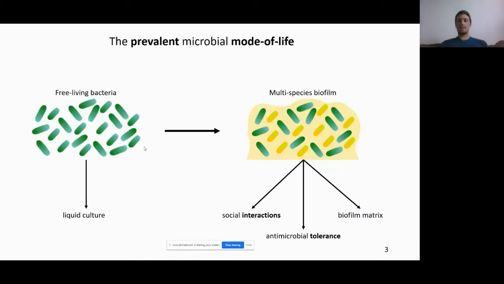But such conditions entice a completely different phenotype from the microorganisms than we usually expect them to have in nature. In nature we expect them to be usually in tightly packed, heterogeneous and organized communities surrounded by some kind of slime layer, which are usually called biofilms.